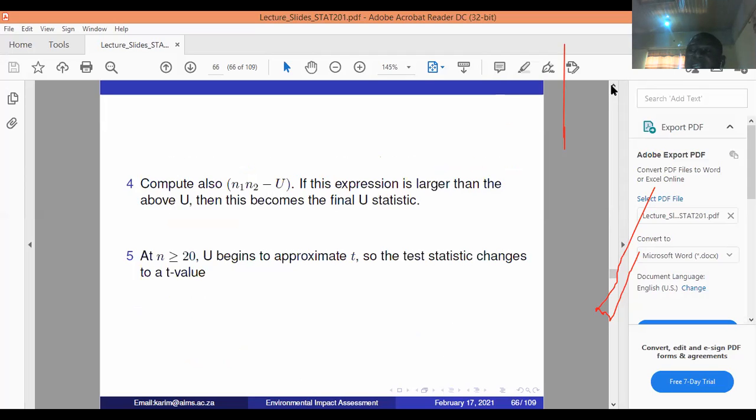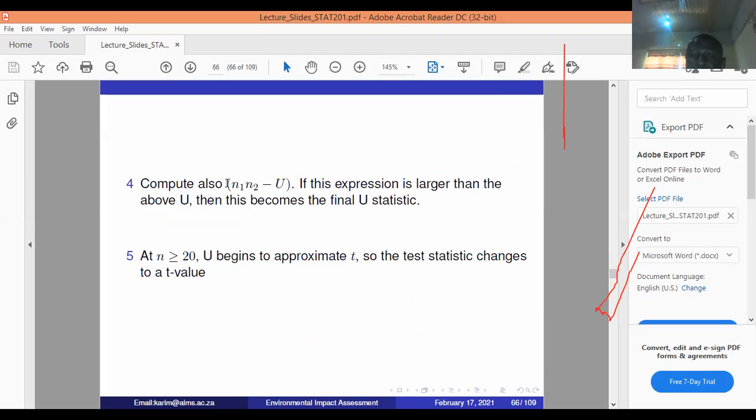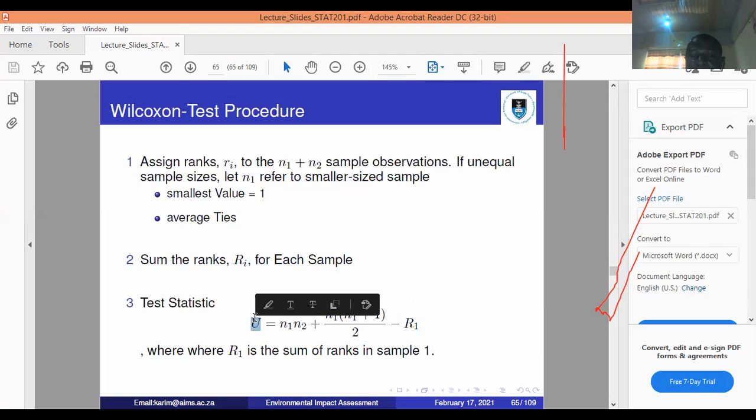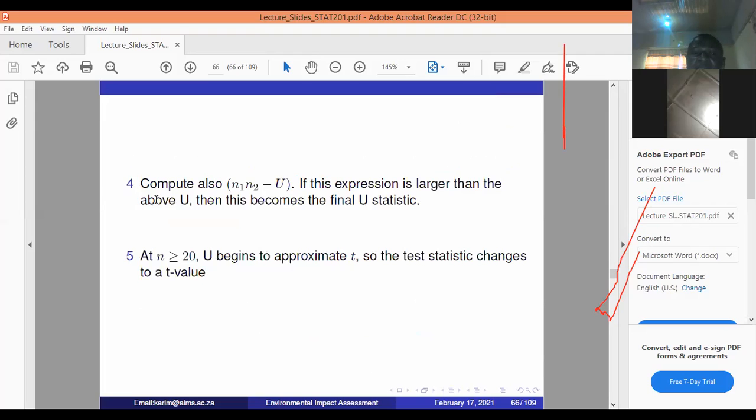Now, this is our test statistic. However, if we compute N1 times N2 minus the U value that we got here, and this value is larger than the U value that we computed, then this value will become the final U statistic.